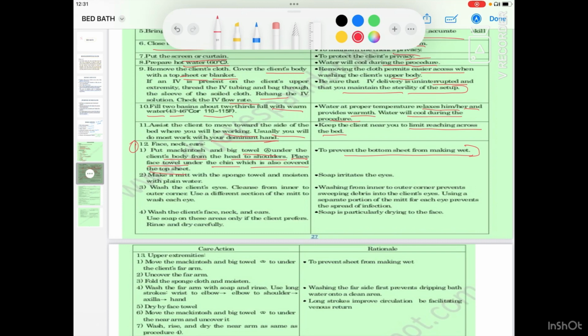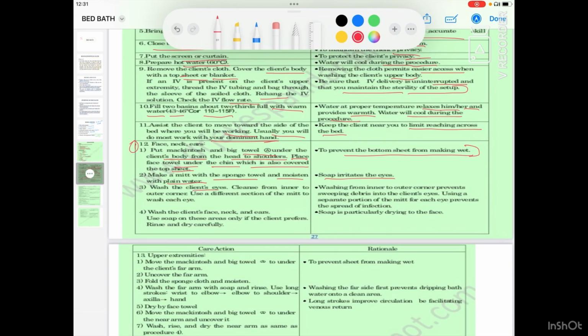Then make a mitten. Mitten means wiping cloth. Make the mitt with a sponge towel and moisten it with plain water, because soap irritates the eye. So for the face, we moisten the mitten and sponge and wipe over the face.